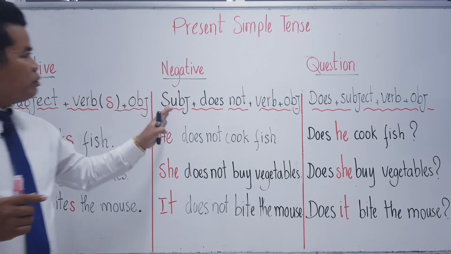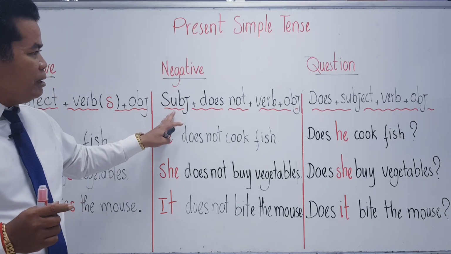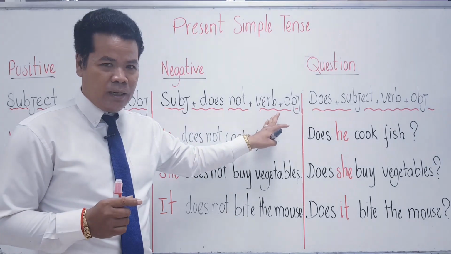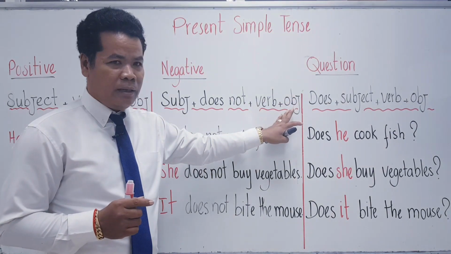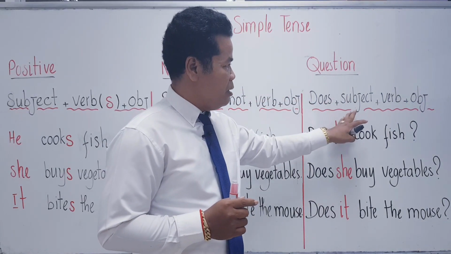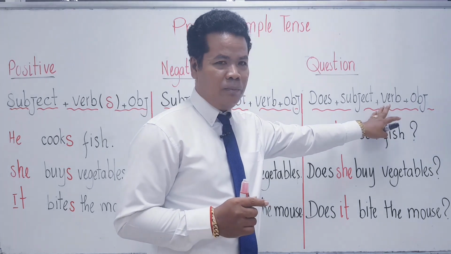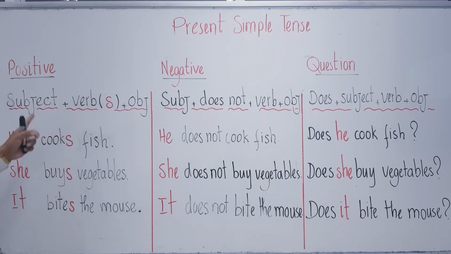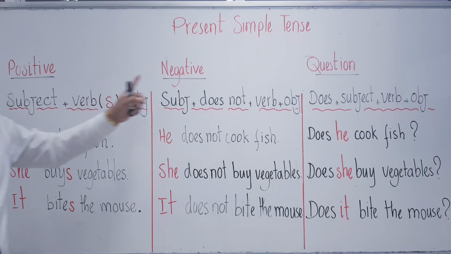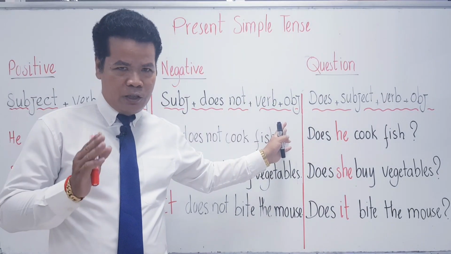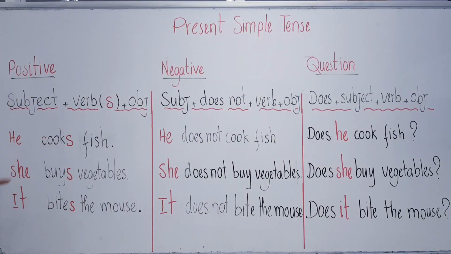If you go to negative, we have subject, does not, plus verb, there is no S here, and then object. And when we go to question, we use does plus subject plus verb, no S on the verb, and plus object. We only add S to the verb in the positive sentence. We do not add S to the negative and we do not add S to the question. Alright? Just remember.